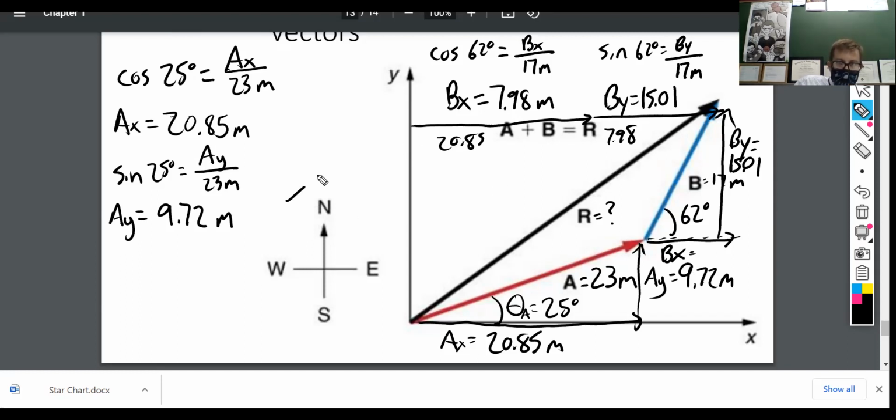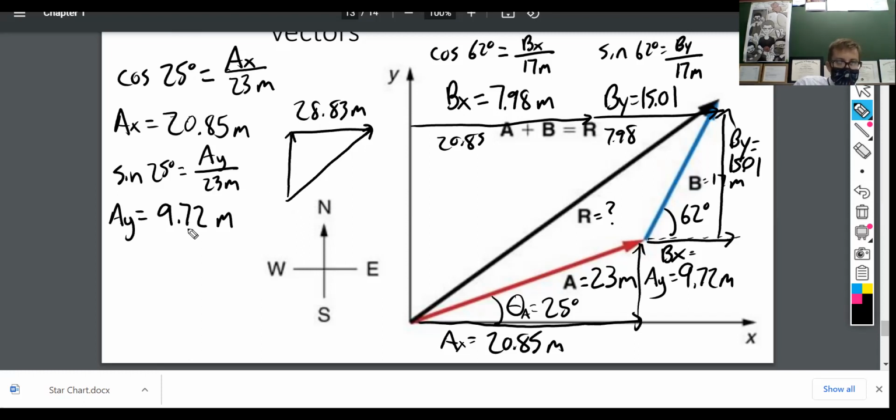I'm just going to kind of redraw this over here. So I have my resultant R, and I know that it's the sum of A and B, Ax plus Bx, which is 28.83 meters. Now let me add up my y's.